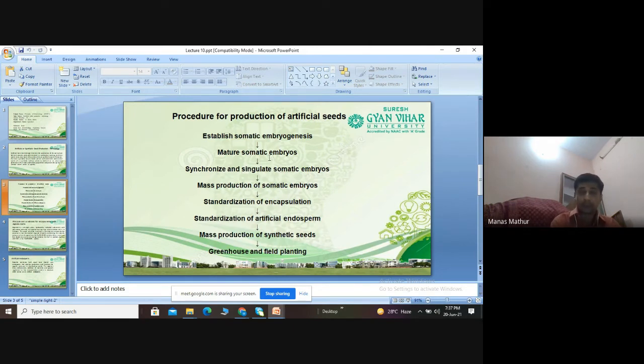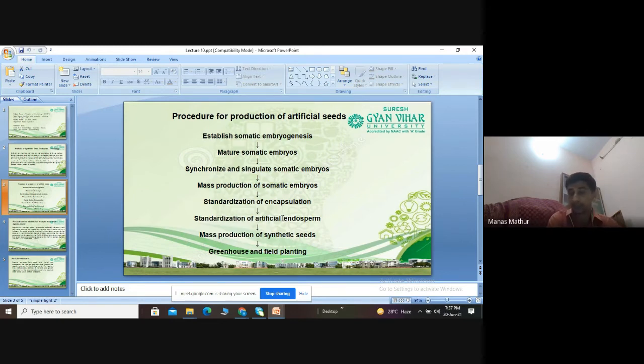When all embryos are matured, you will synchronize and unite all somatic embryos so that there is a large number of somatic embryos and mass production of somatic embryos. After that, we will standardize the artificial endosperm, meaning we will coat the somatic embryos with certain chemicals. So they will form artificial endosperm, which in turn will make what? Artificial seeds. So again, we will do what?